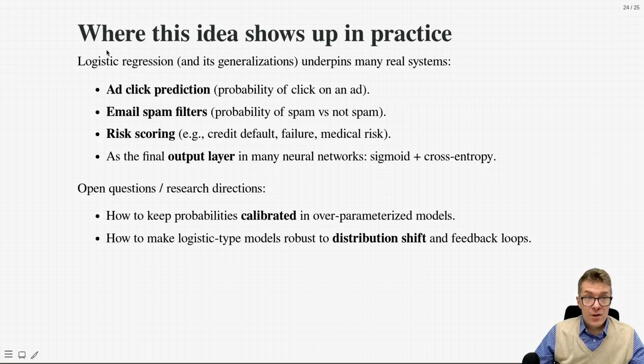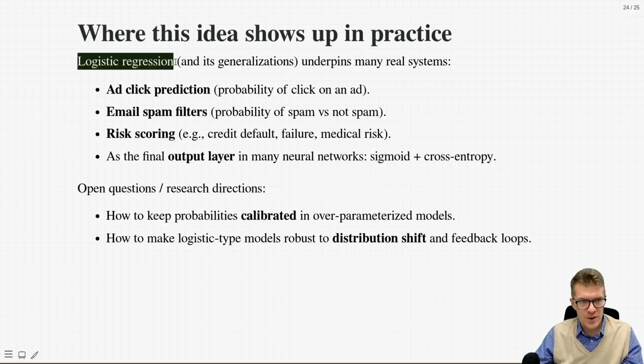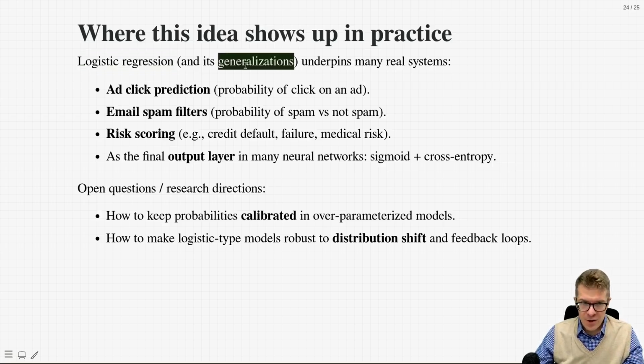So logistic regression, this new model, this is basically the second of our learned models we have presented so far, and various generalizations, which we haven't talked about yet, underpins an awful lot of real systems in the real world. So like ad-click prediction, whether or not you're going to click on an ad that's shown to you in your news feed or your search results is often logistic regression under the hood because it's quick and dirty and usually pretty good.